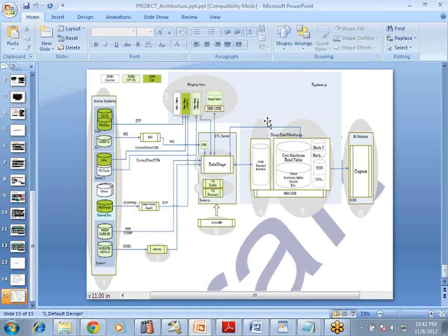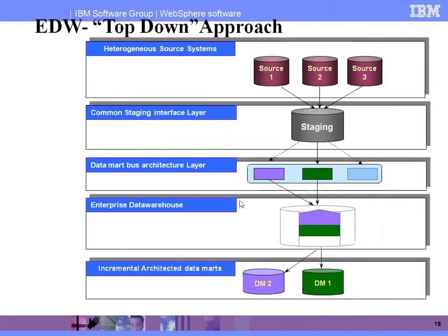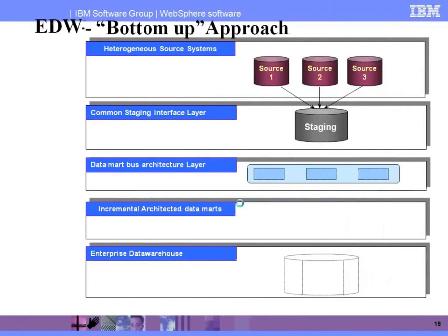In top-down, once we implement a warehouse, we create the marts. These marts are completely dependent on the data warehouse. That is why the marts created in the top-down approach are dependent data marts, dependent on the enterprise data warehouse.